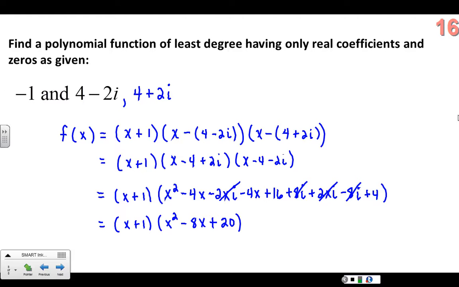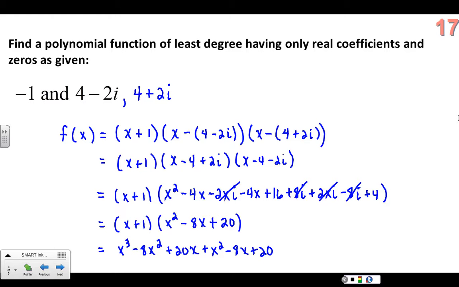So all I have to do is multiply x plus 1 times this other polynomial. So x times x squared is x cubed. x times minus 8x is minus 8x squared. x times 20 is 20x. Then multiply the 1 times everything. So plus x squared minus 8x plus 20.